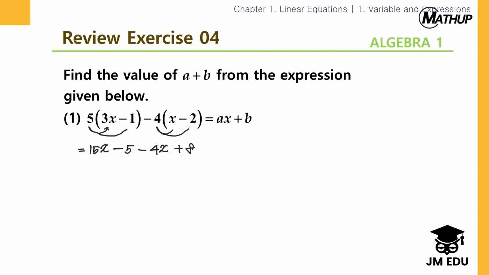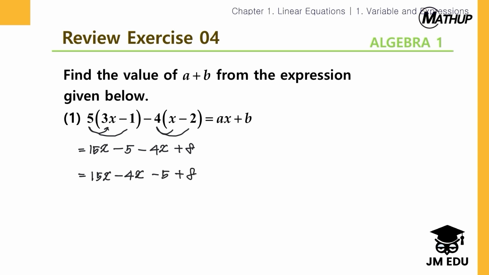Plus 8. So we're going to group the x terms and constants separately. So we have 2 x terms here, 2 constants. So 15x minus 4x minus 5 plus 8.